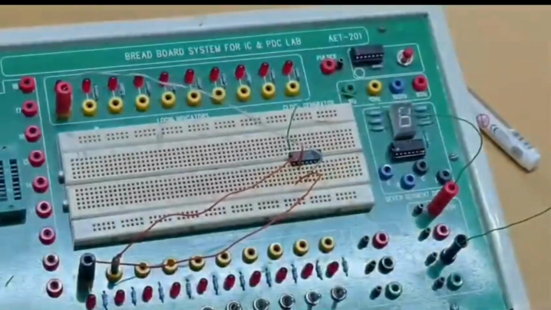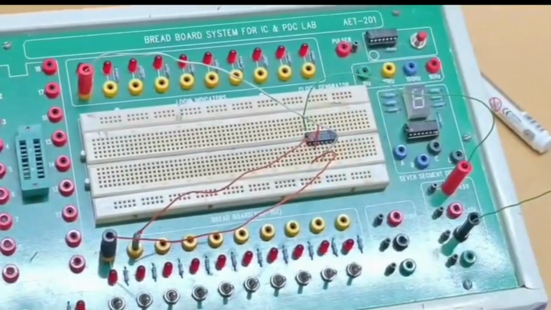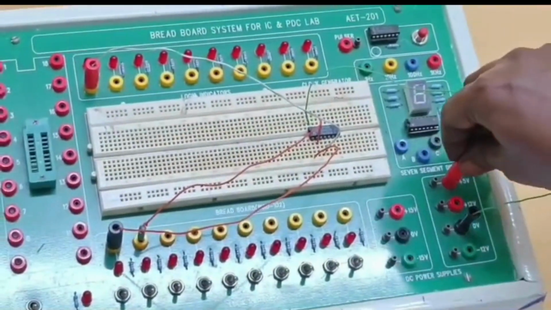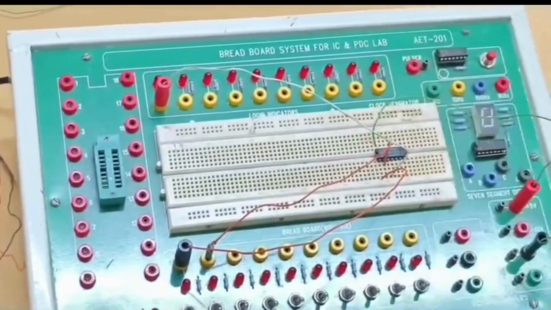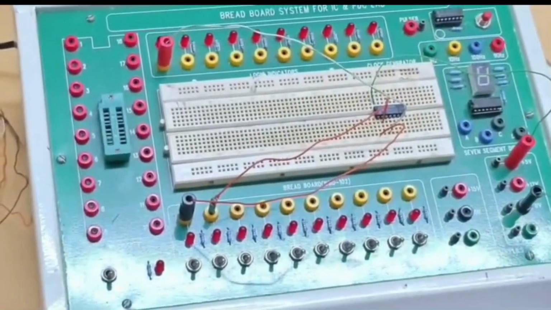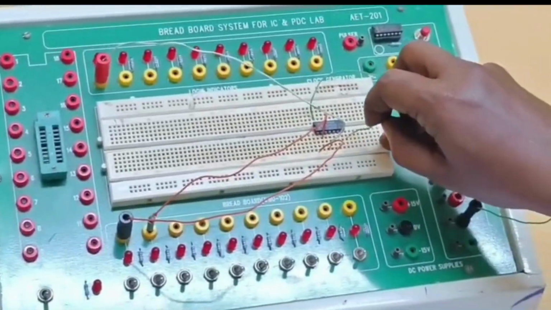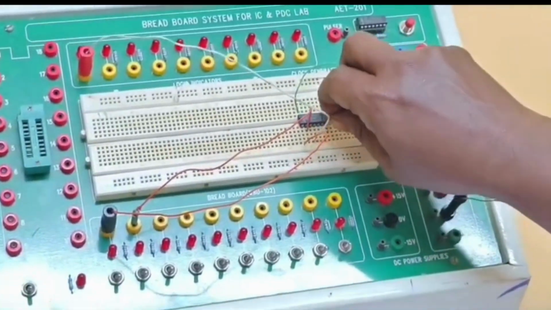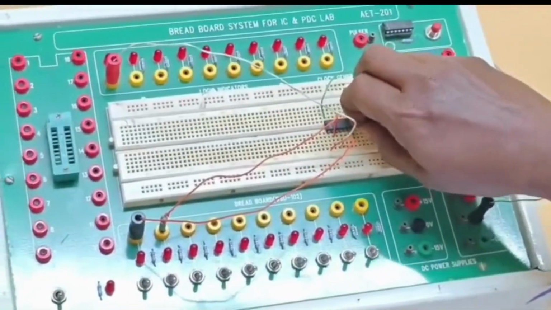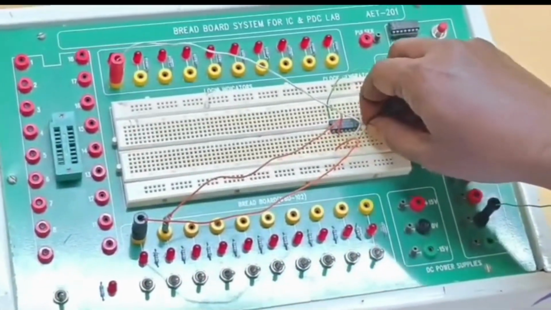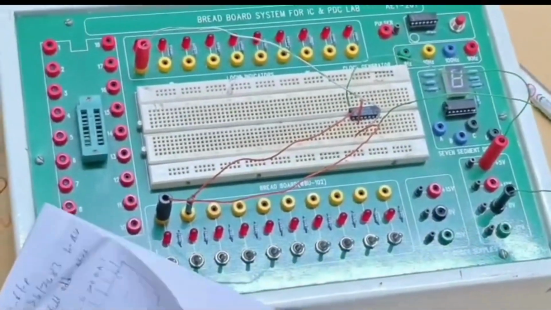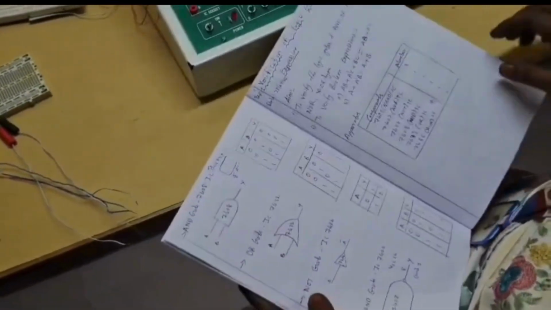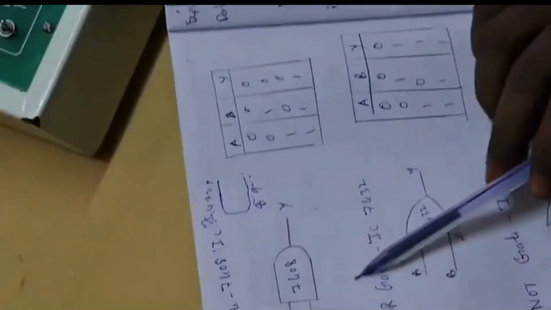The power supply is pin number 14, that is plus 5 volts, and the ground pin is pin number 7. Pin number 7 has to be connected to ground. Then we can verify the outputs and truth table of this 7408, the quad 2-input AND gate.